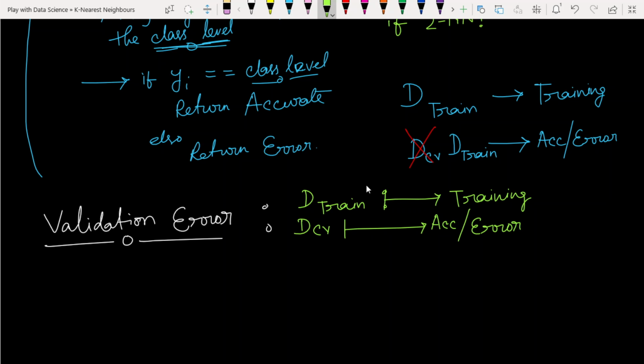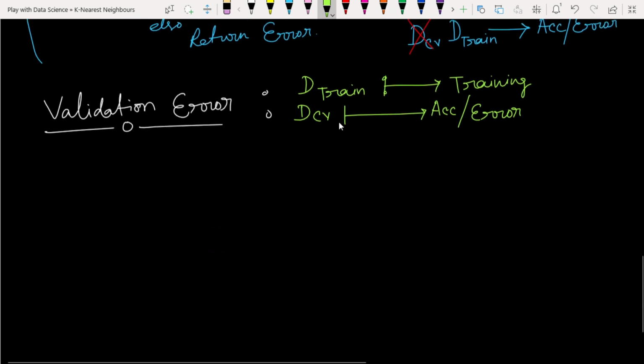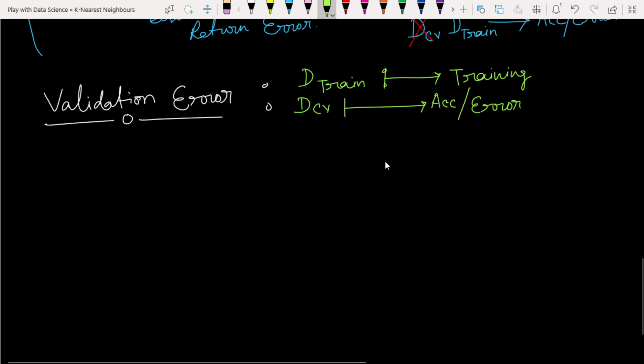Both are the same thing. Just instead of the train set, here we use the cross validation set to find the accuracy. Everything else is the same.